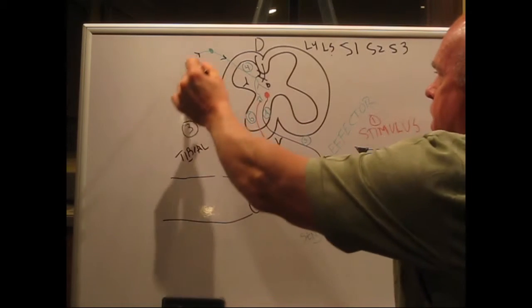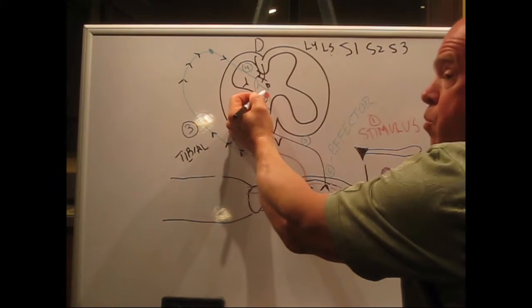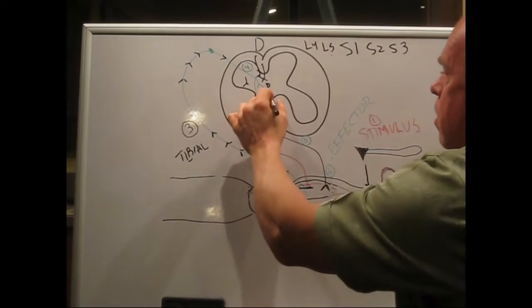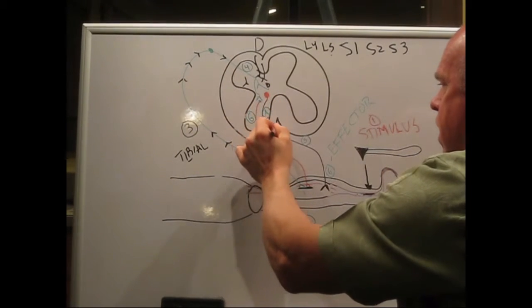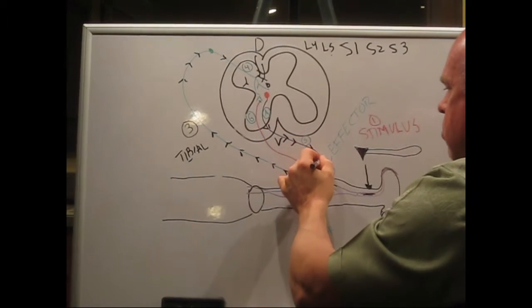Well, this afferent impulse makes a monosynaptic connection with the large alpha motor neuron, which then sends an efferent volley of impulses towards the effector.